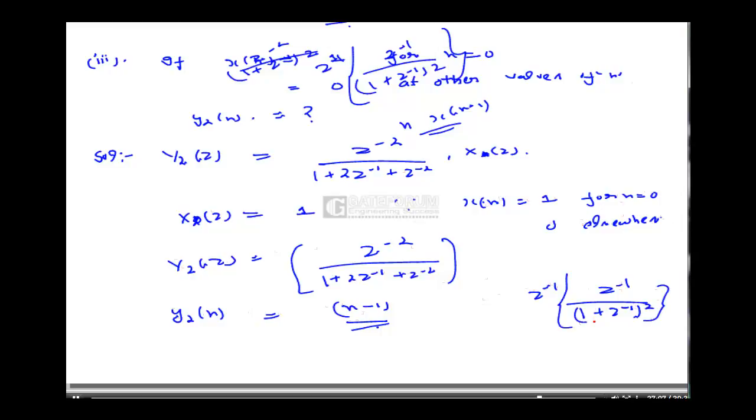I get this term by differentiating minus d by dz of some expression y dash z, where y dash z is equal to 1 upon 1 plus z to the power minus 1. On differentiating this I will get this. z to the power minus 1 means delay by 1 unit, so I'll get n minus 1 as my y2n. So this was the problem which appeared in GATE 1997.